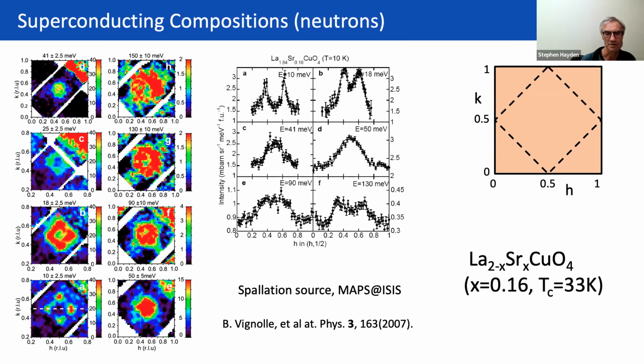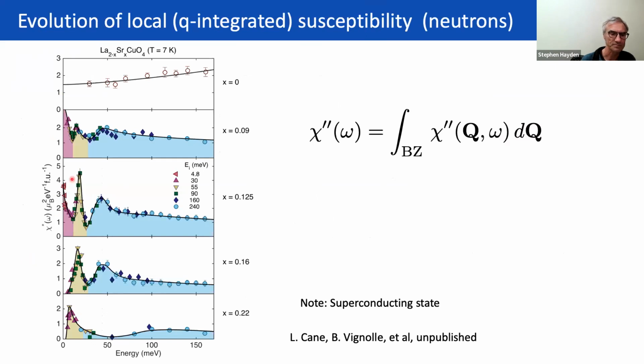When you integrate this up, you get this peak here, for example. This is due to the lower energy part from the incommensurate peaks. Okay, so this is going through different compositions to the overdoped one, which I'm going to talk about.